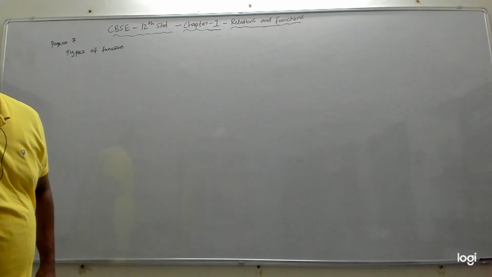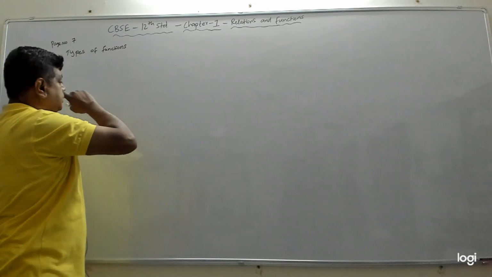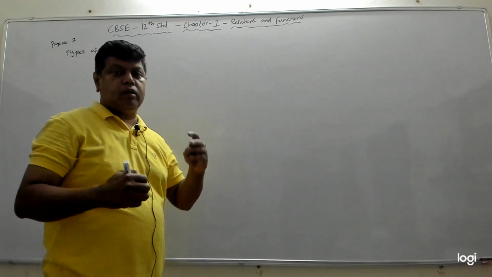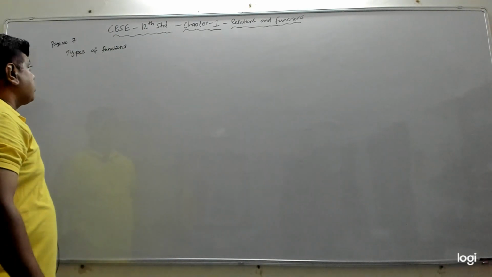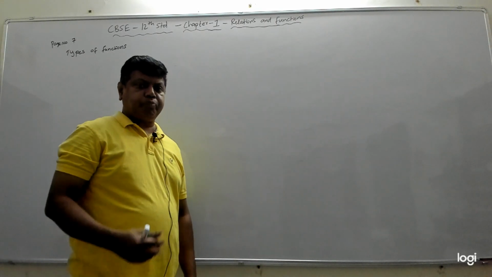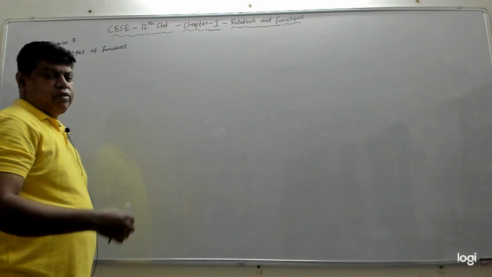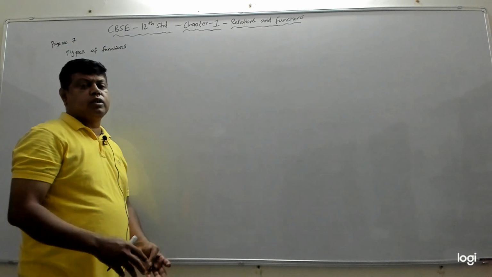So types of functions. Before we get on to types of functions, we will quickly recap what we had studied in our 11th standard about what is a function, then what is a domain, codomain, range, image, pre-image.